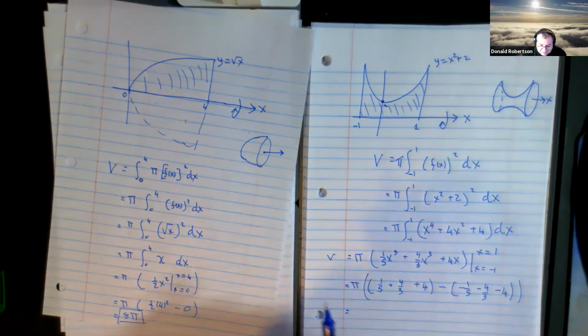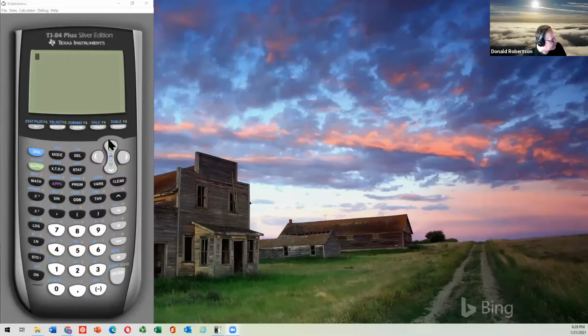So I am going to try and do this as one big ugly calculation, and I'm going to use the calculator, the TI-84, if I can make this thing appear. And it'll be able to show you how you could do quite messy, big, ugly fraction calculations. Right, here's my guy.